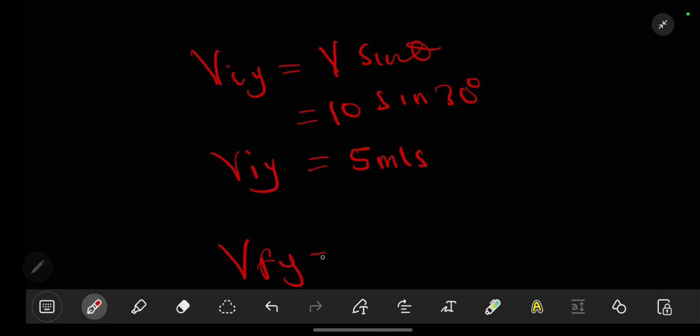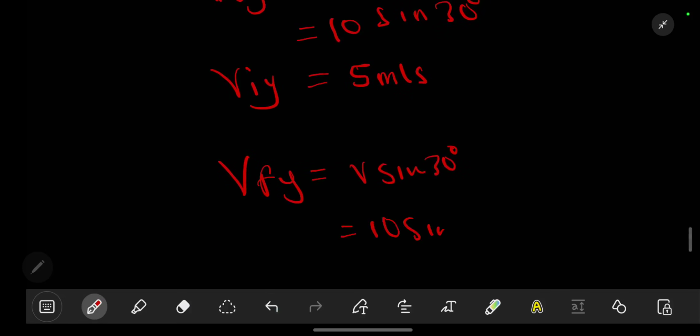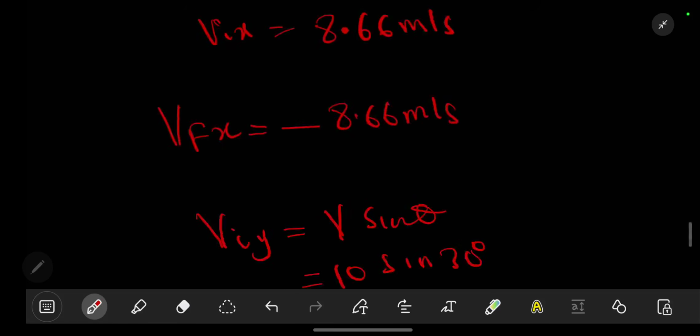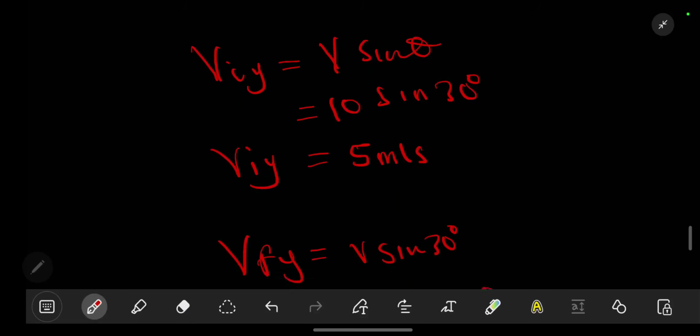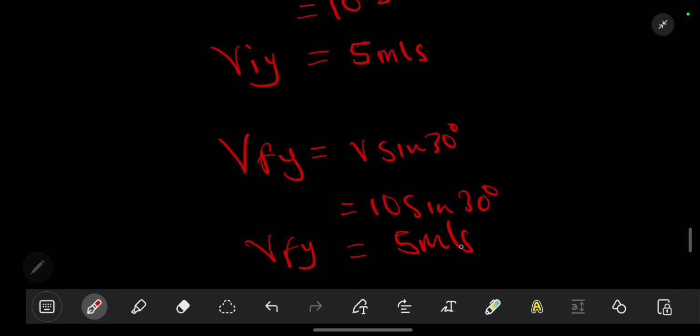V final in the y direction will still be v sine of 30, which is 10 sine of 30, equal to 5 again. So why isn't it changing? Why isn't it negative? Remember, it is moving down throughout. Therefore, it is positive throughout. But for x, it was moving in this direction, then started coming back in the other direction. That means you have to differentiate them. But this one is positive throughout.